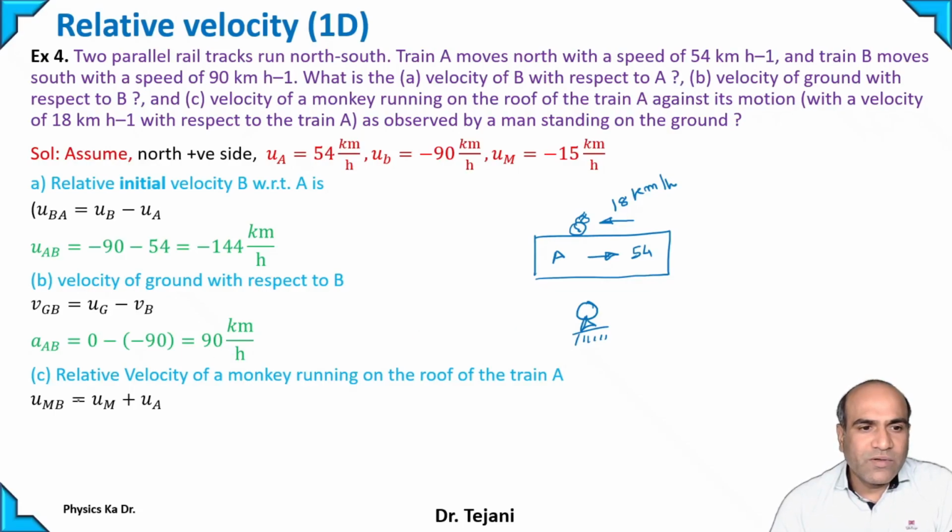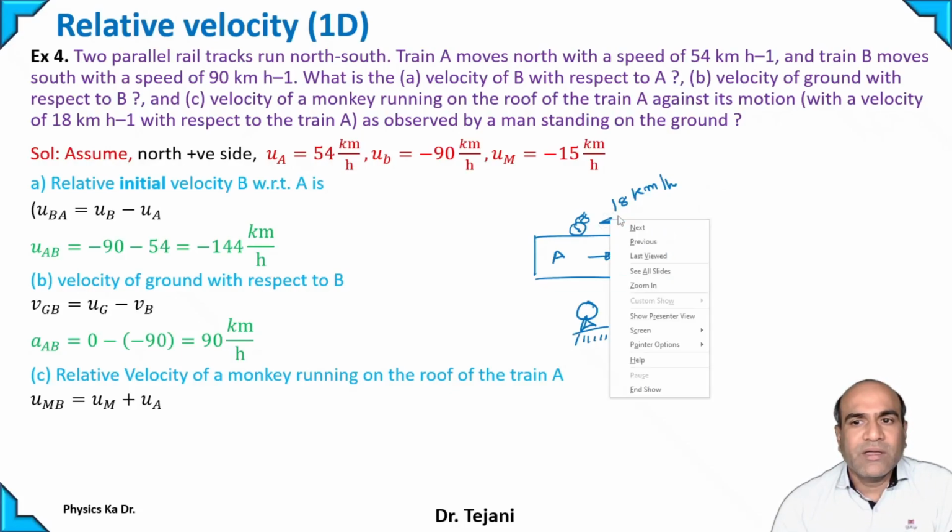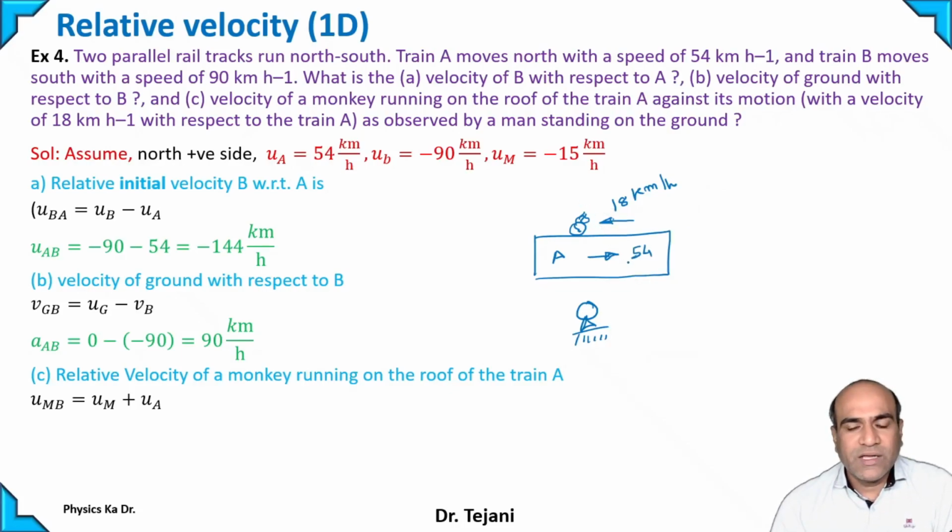So let us first just find the velocity of the monkey who is running on the train, which is observed by a person outside. So here A is running at 54 and the monkey is running at 18, and the person is observing from the outside.